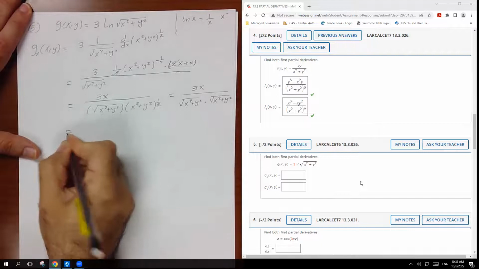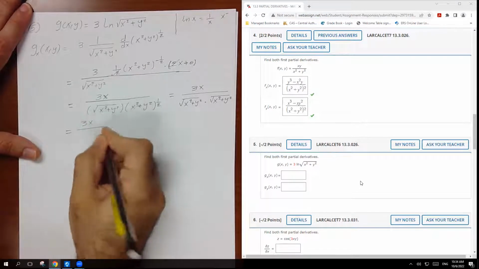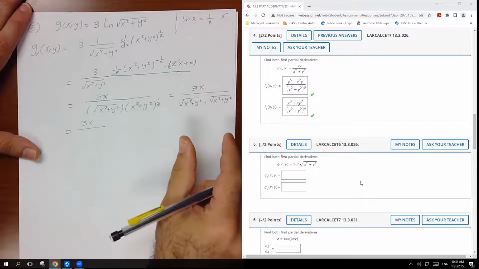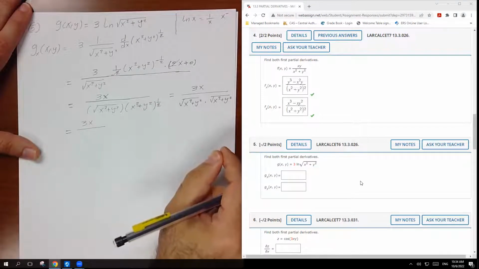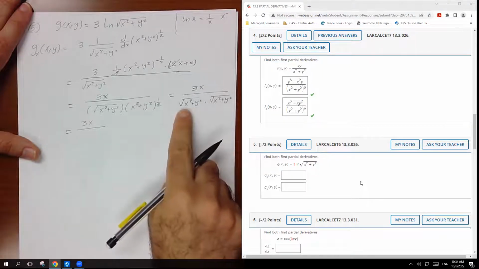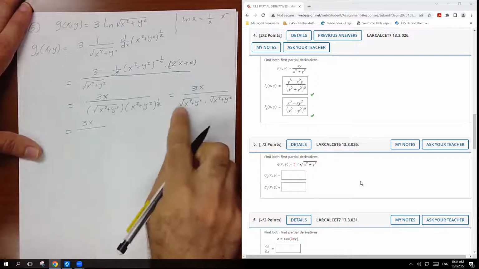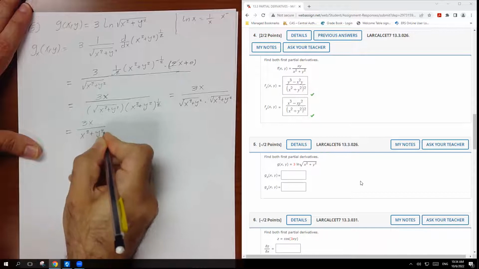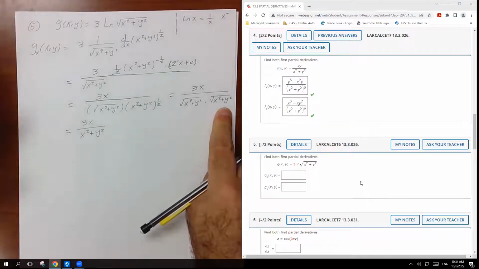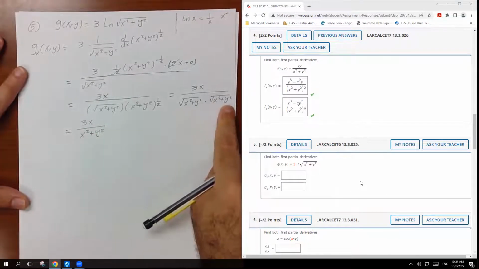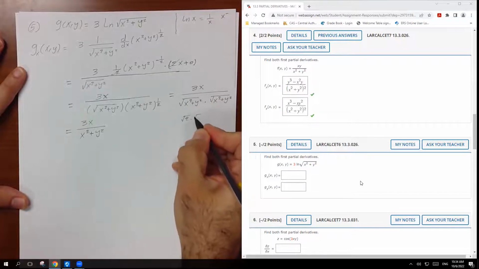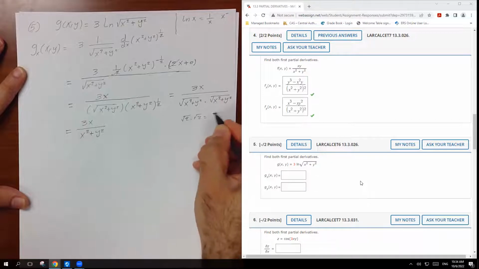That means the final result is going to be 3x over x squared plus y squared, because this one times this one is x squared plus y squared. Half times half, we can multiply because they are the same roots. It's like multiplying the square root of 2 times the square root of 2, which is just 2.